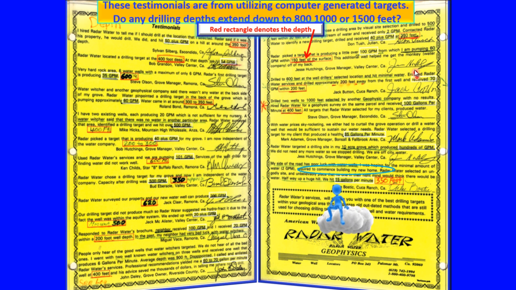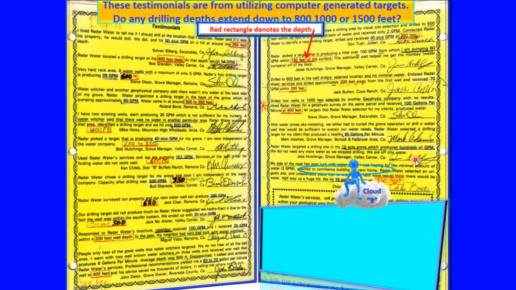All of these people right now are sitting on cloud 9. The computer identifies the aquifer.